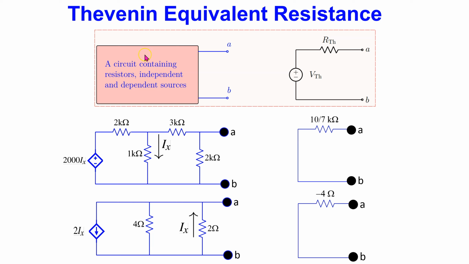For circuits with dependent sources only, V Thevenin is always 0. Thus, a circuit with dependent sources only behaves like a resistance from the point of view of terminals of interest. Depending upon the circuit, the Thevenin equivalent resistance may be positive or negative.